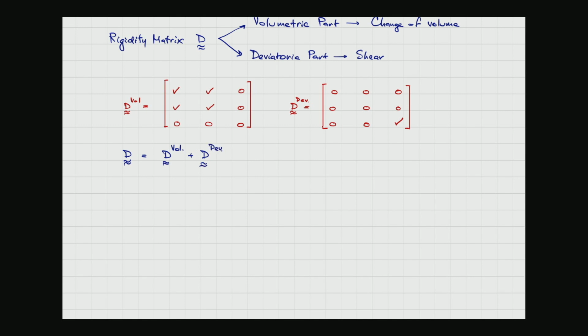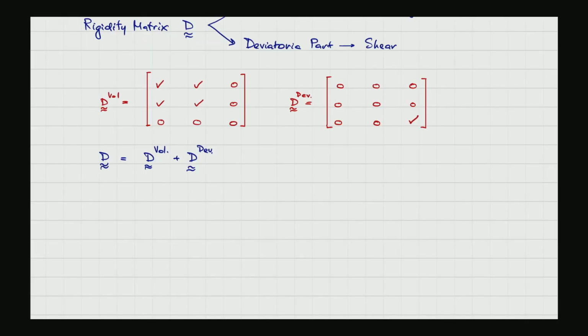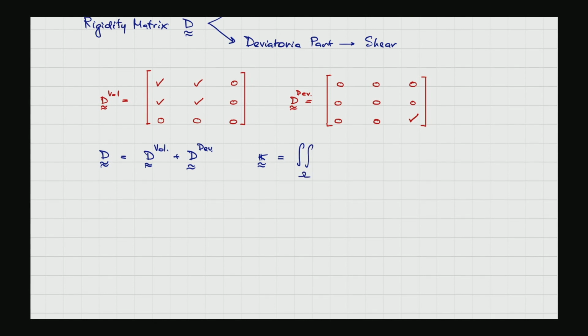So the D is right now represented by the D volumetric plus the D deviatoric. And when you consider the stiffness calculation, the K is equal to integration of the B transpose D and B, okay, over this domain.